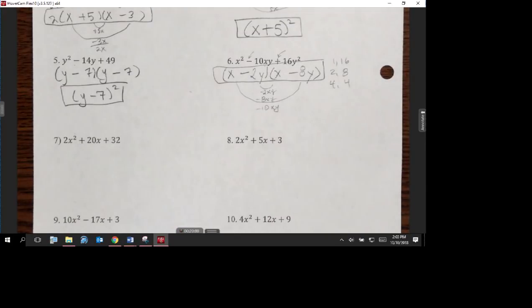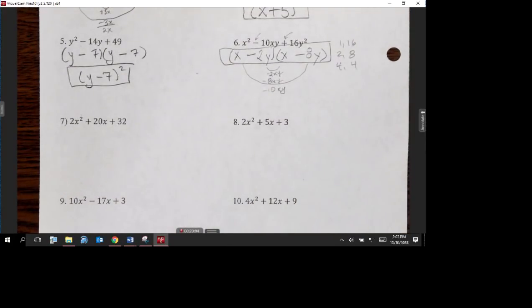Can you try 7? See if you're getting it? Oh my gosh, I am so proud of you guys.